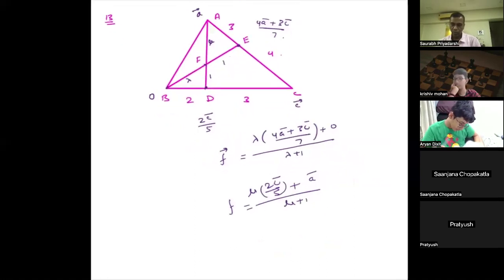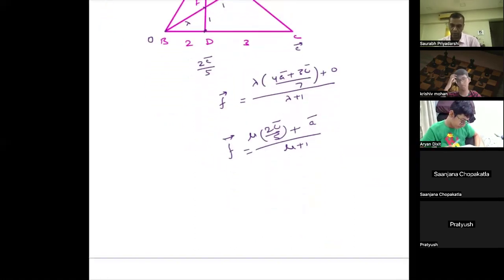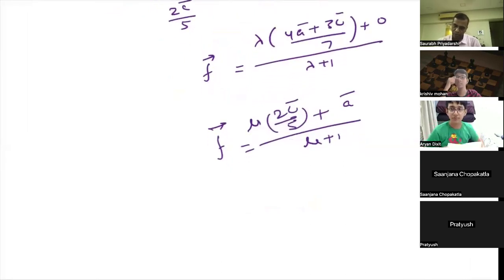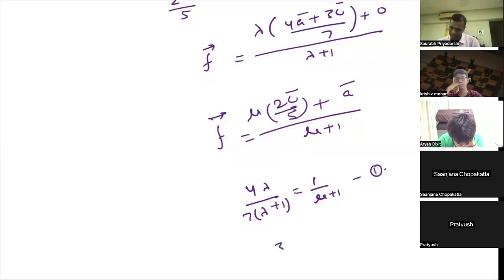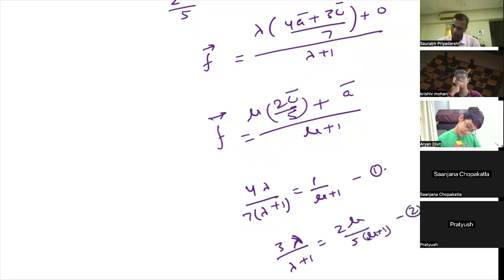Now both the F points are the same, so you can compare both the points. Comparing, the coefficient of A in both: 4 lambda by lambda plus 1, with 7 times, is equal to 1 upon mu plus 1, is the first one. And for C, 3 lambda by lambda plus 1 is equal to 2 mu by 5 mu plus 1.